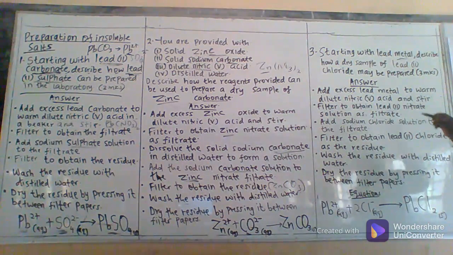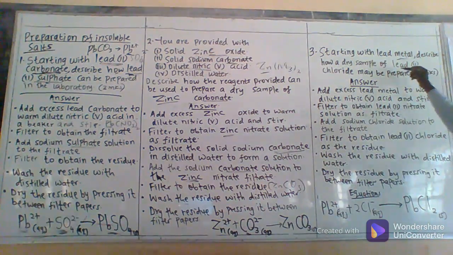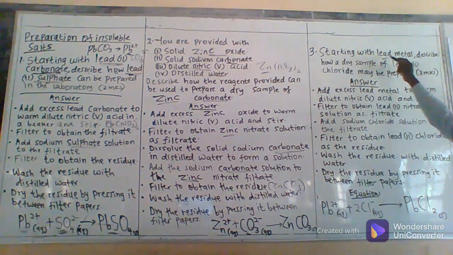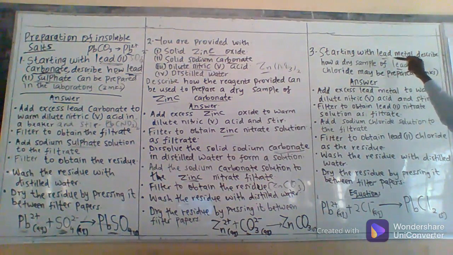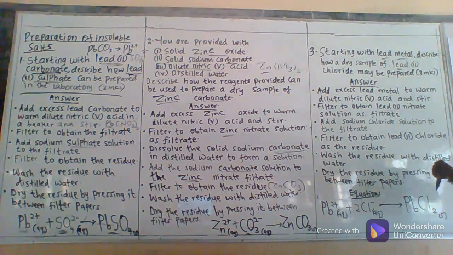So the first thing that you are going to do is to prepare a solution that contains lead ions. And since you have lead metal, you react the lead metal with dilute nitric acid so that you get lead nitrate solution. That lead nitrate solution will be a solution containing lead ions and nitrate ions. Then you obtain another solution that contains chloride ions.